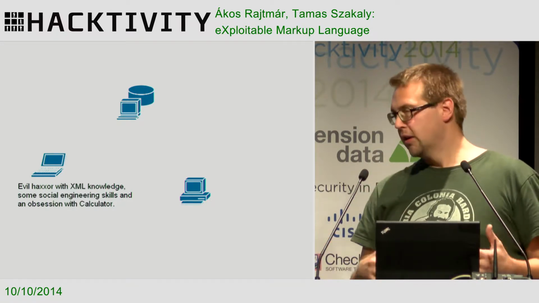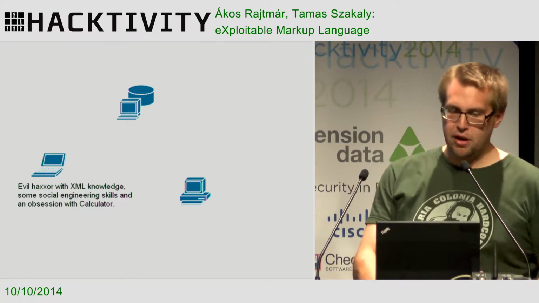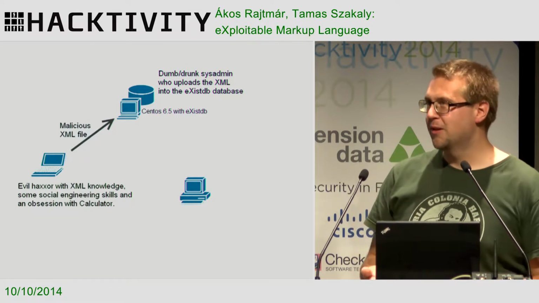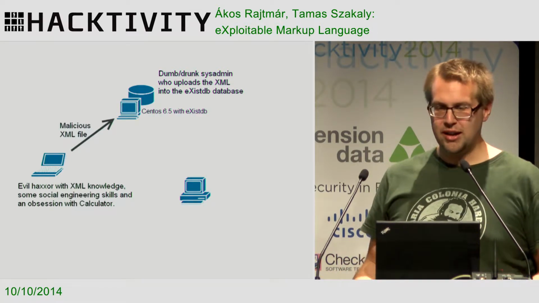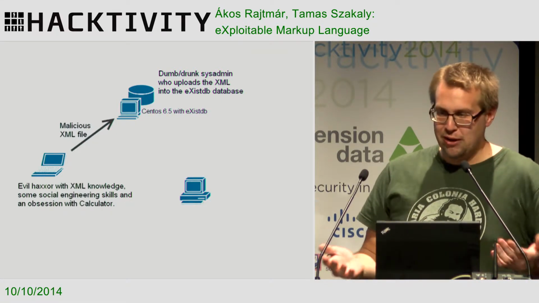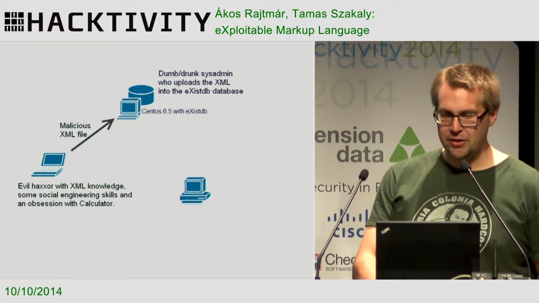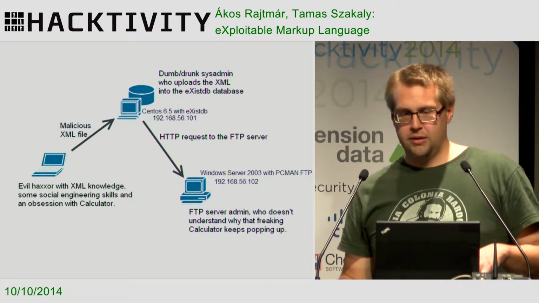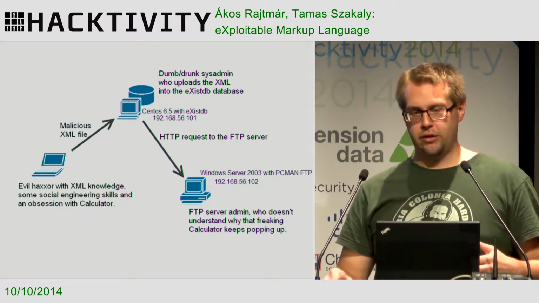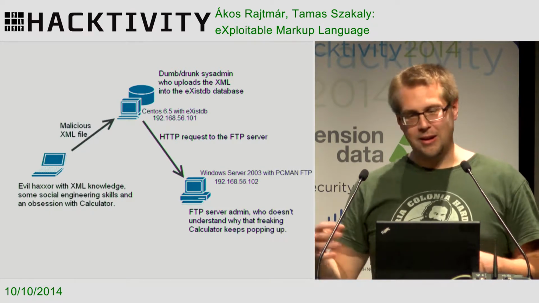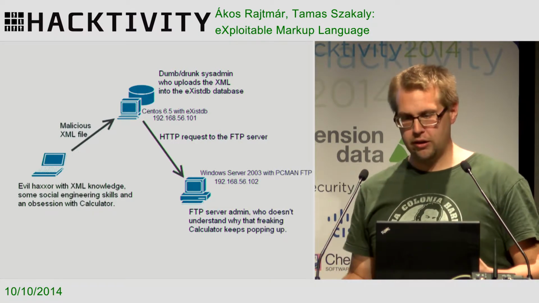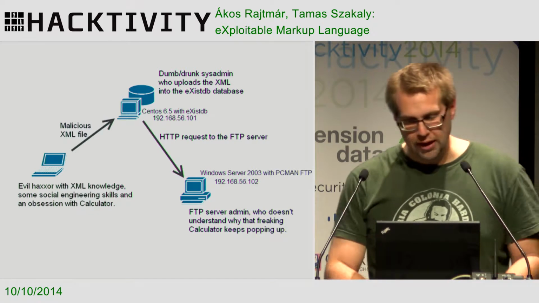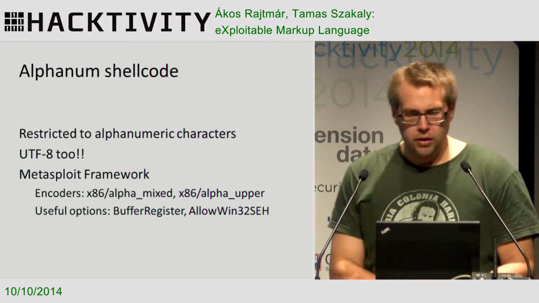We have a hacker who creates an appropriate XML file and sends it to an eXist DB database admin, who will upload the file for some reason to the database. In the database, the XML file is interpreted, the external entity gets called, and an HTTP request is sent to the FTP server, which will then trigger the exploit, and on the PC of the FTP server, we will see a calculator appearing as the result of the exploit.